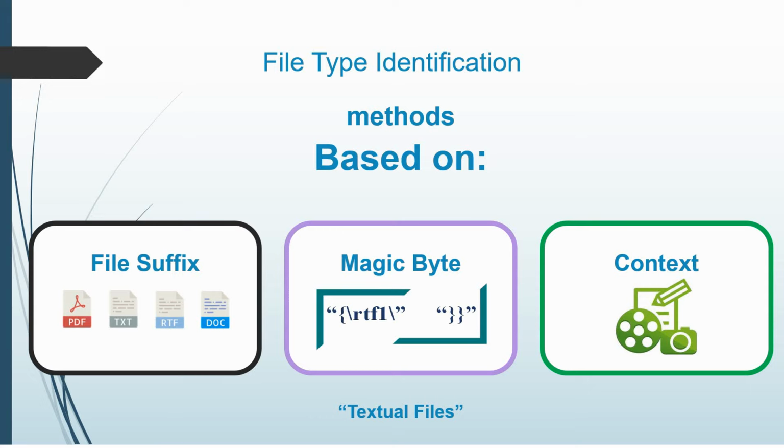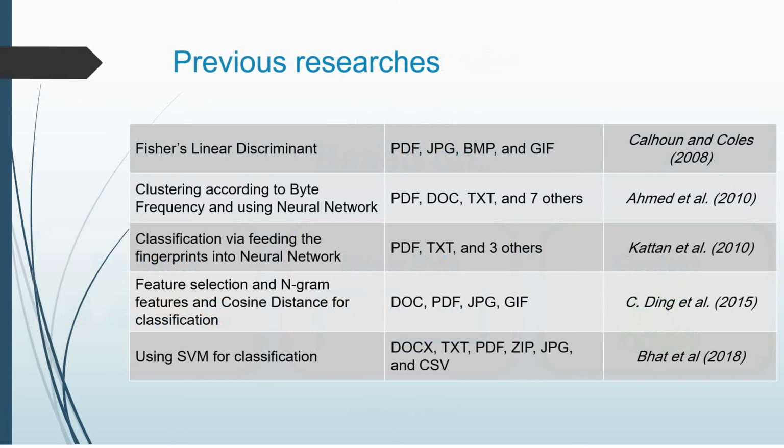One of the main categories of file types on the internet is textual files. In this paper, we have considered these file types. Up to 2007, most approaches had no learning phase.